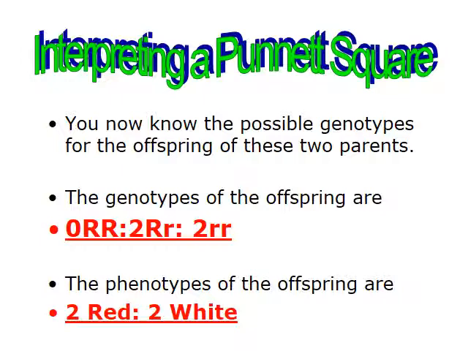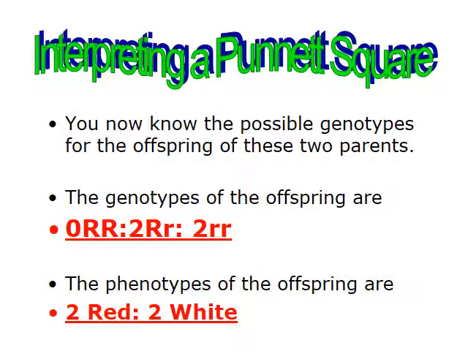Alright, so after you fill in your boxes, that's great, but we kind of want to determine what they actually mean. So each individual box in a Punnett square represents a baby, an offspring. So they represent the genotype of that offspring. If you look at the previous Punnett square, you could see that we had 0 big R, so we had no homozygous dominant.